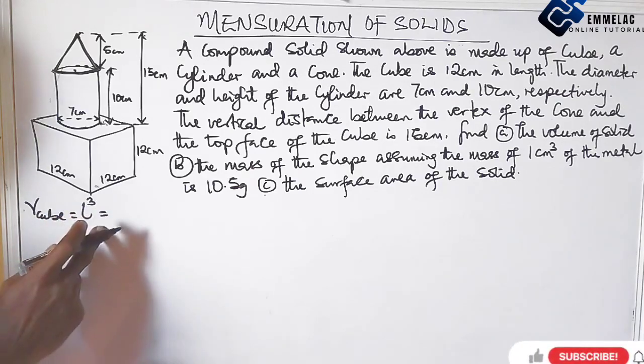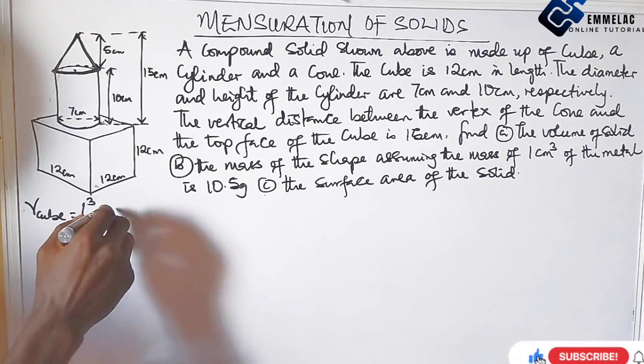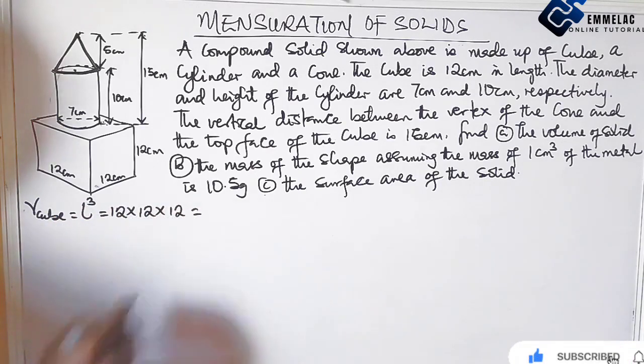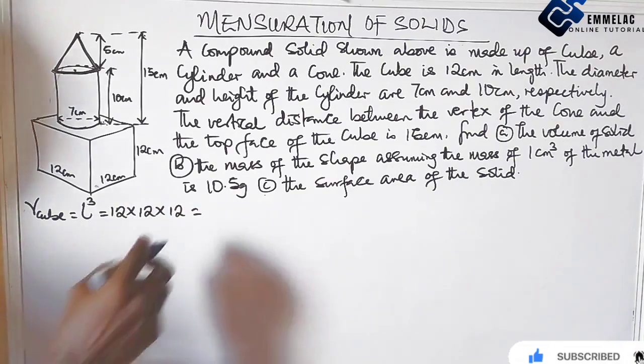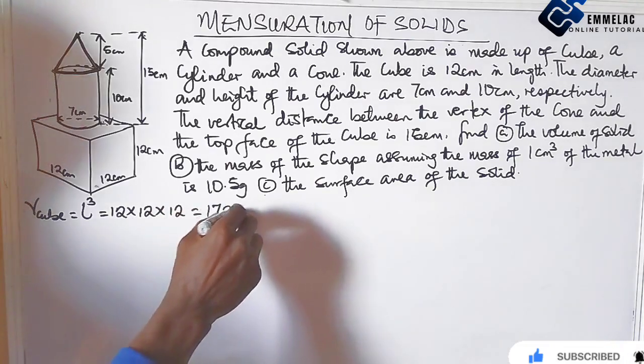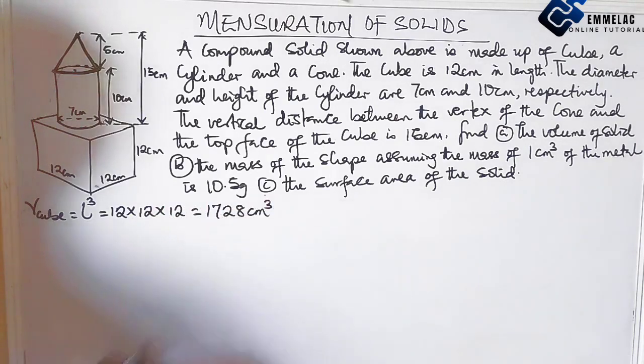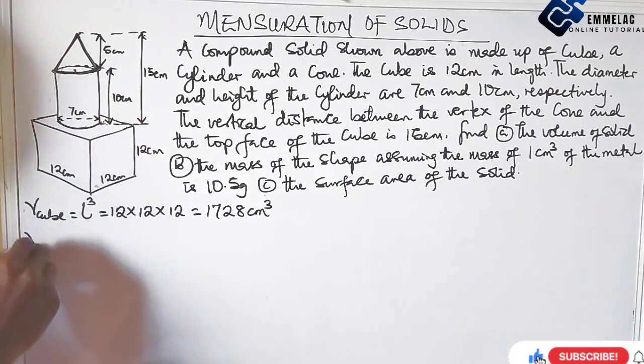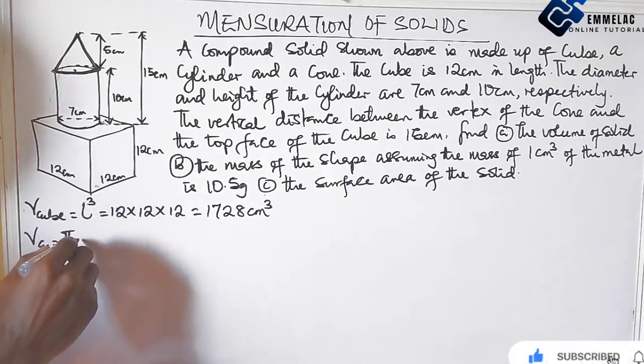So here we have 12 times 12 times 12, and this gives us 1728 centimeter cube.